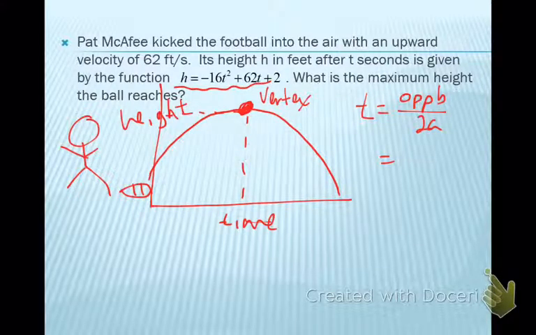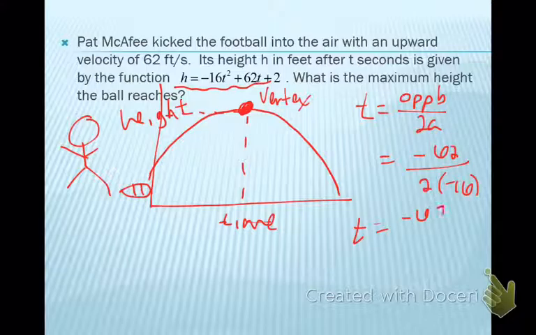So opposite b here would be negative 62 over 2 times a, which is negative 16. And so t ends up being negative 62 over negative 32. And here, it's okay to go ahead and divide that out and get a decimal, because we don't generally talk about time in terms of fractions, right?